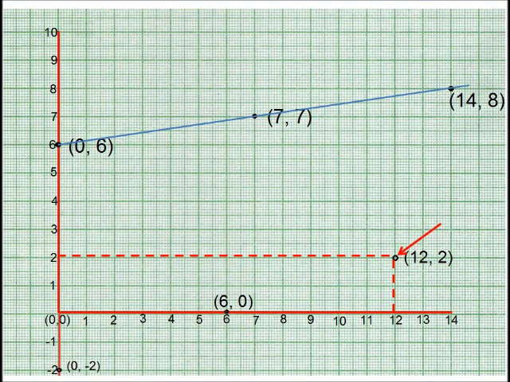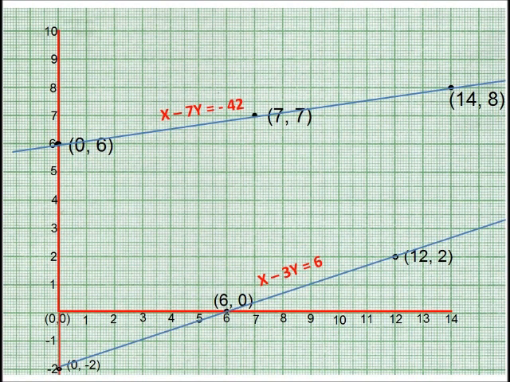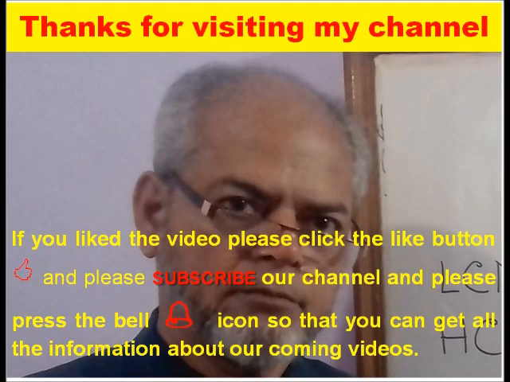That means 12 on the x-axis and 2 on the y-axis. Now join all the 3 points with a straight line, so you will get the plotting of the second equation, x minus 3y is equal to 6. Therefore, this second line represents the equation x minus 3y is equal to 6.